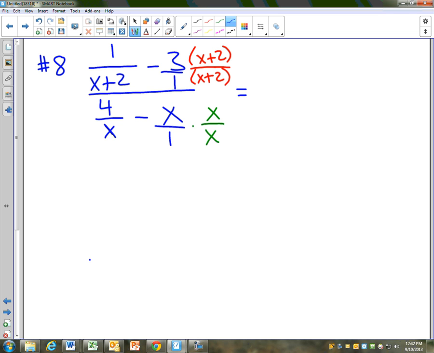Numerator, got 1. I'm going to distribute my negative 3 through. Negative 3x minus 6.